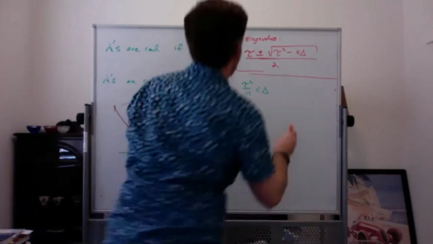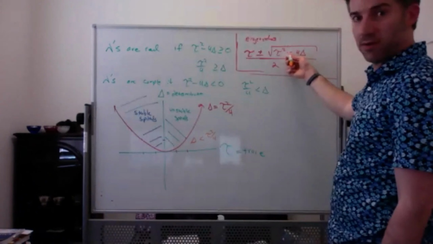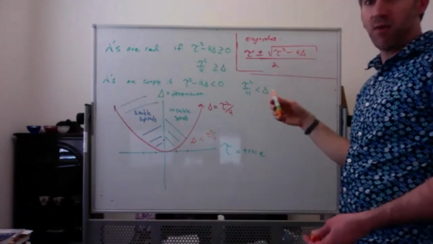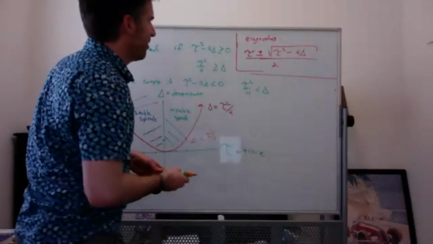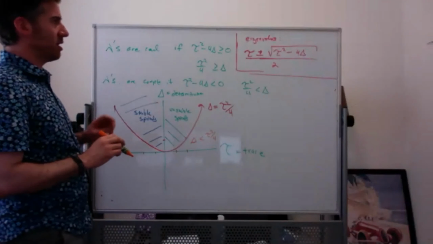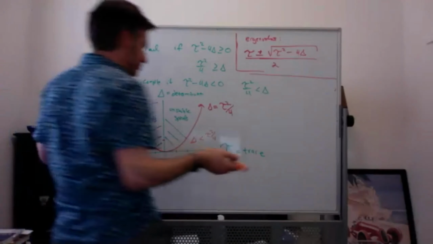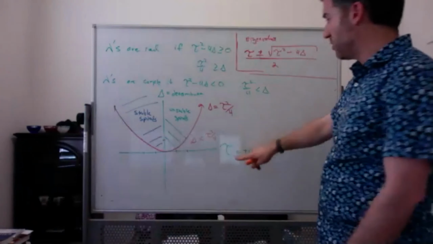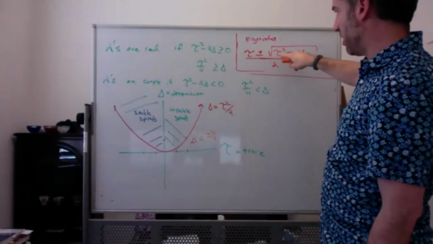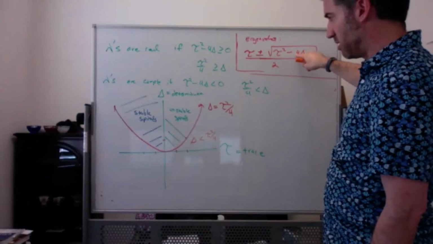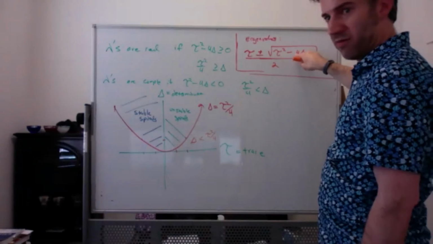So then this part's positive, which means we have real eigenvalues. And so then we have to decide what sign they are. Well, let's see here. If tau is positive, this part's positive. And then you're adding or subtracting the square root of tau squared minus something that's also positive.